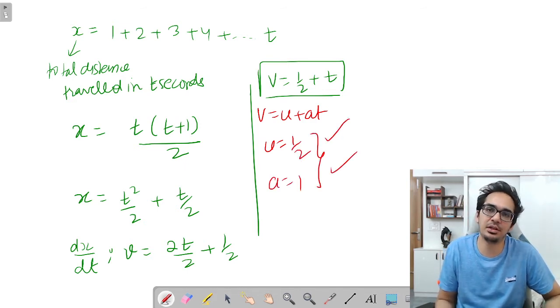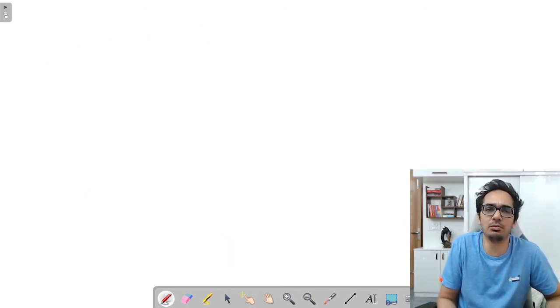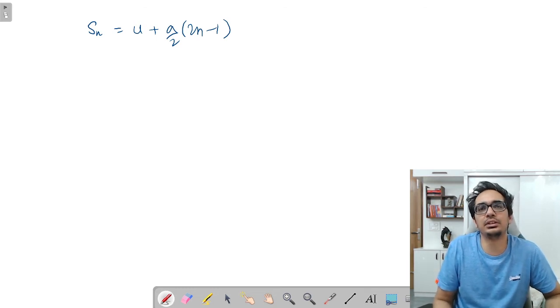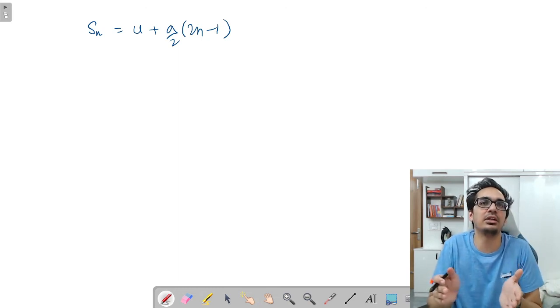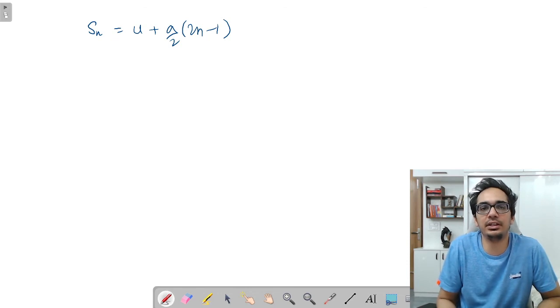So this was an interesting problem. Another approach could be the distance traveled in nth second formula. Distance traveled in nth second was u plus a by 2 into 2n minus 1. So distance traveled in tth second will be equal to t, because in every second it is traveling a distance equal to the time elapsed.